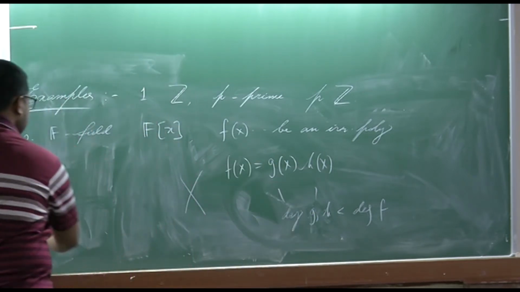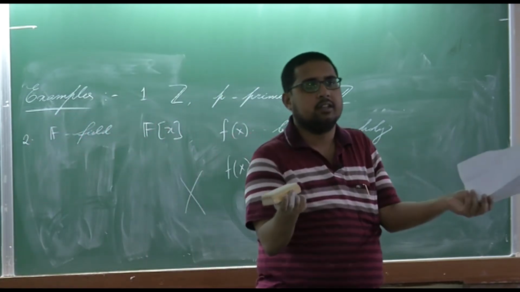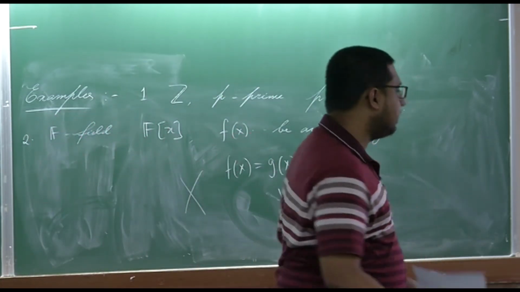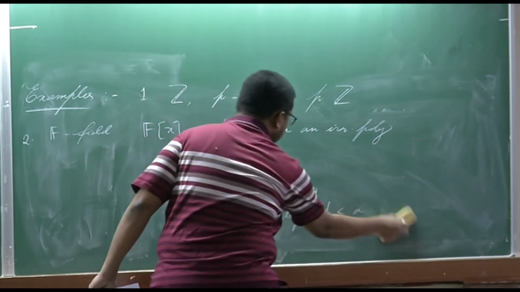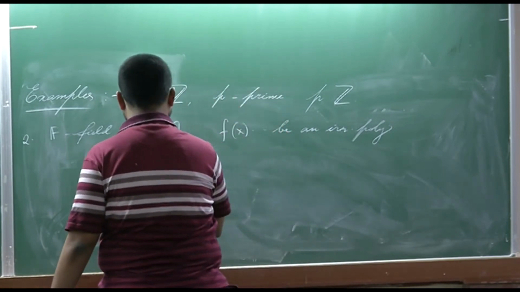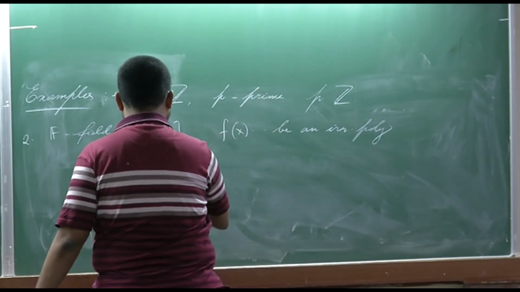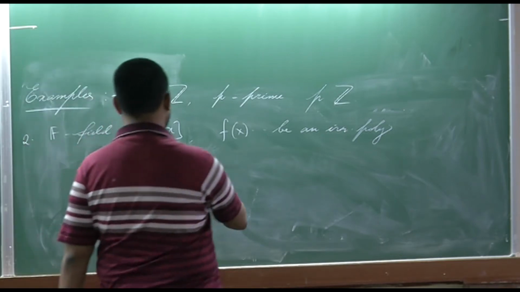We call such polynomials irreducible polynomials, and the reason for calling it irreducible is quite obvious: it cannot be reduced in the sense of factorization. So, if it is an irreducible polynomial, then the principal ideal generated by this is again going to be a maximal ideal.